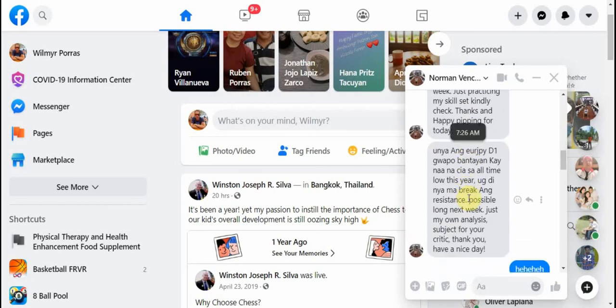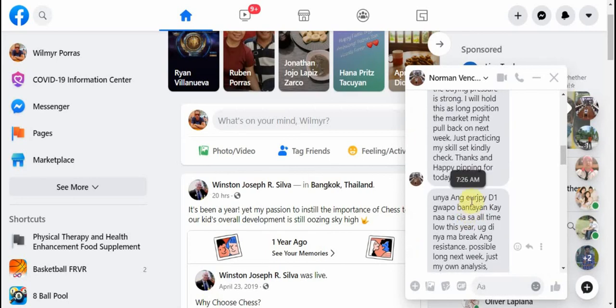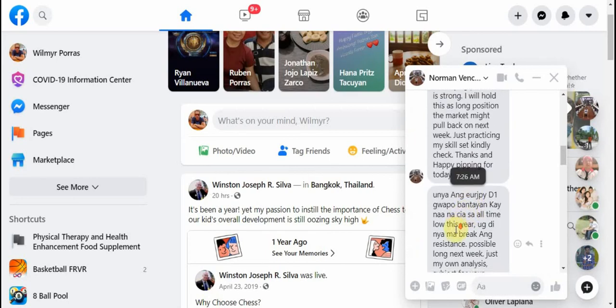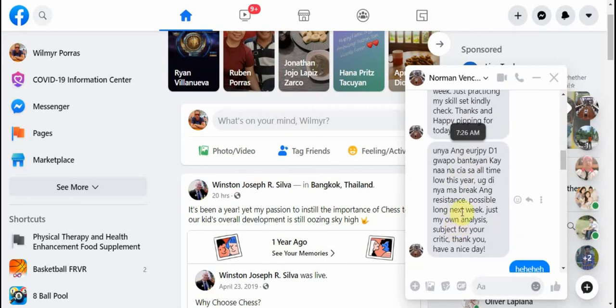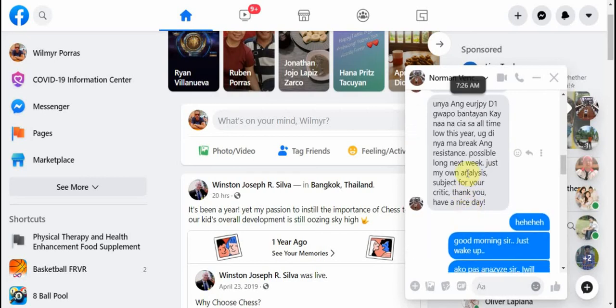He is a Cebuano, and he had an additional pair that he wants me to analyze, which is the Euro JPY daily. He mentioned to watch out in this pair because this is the lowest of the year, meaning it's a support level, and then it breaks.